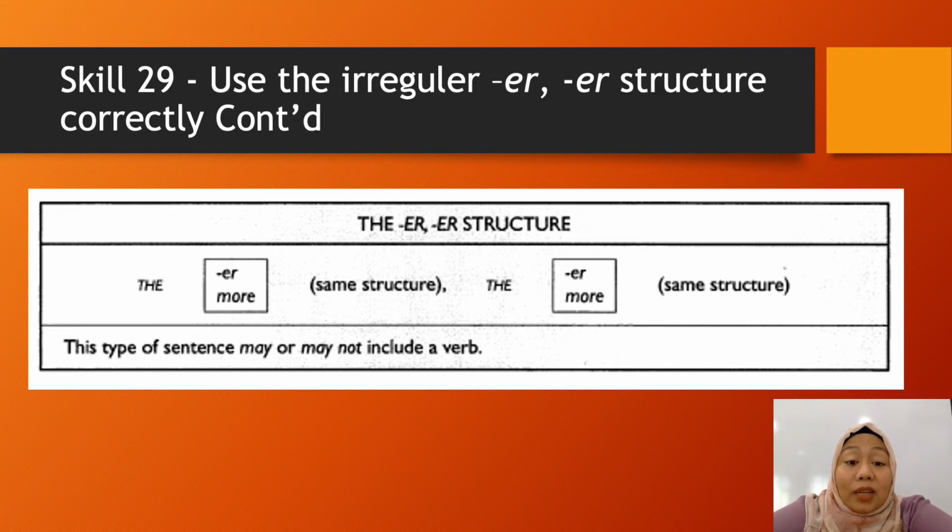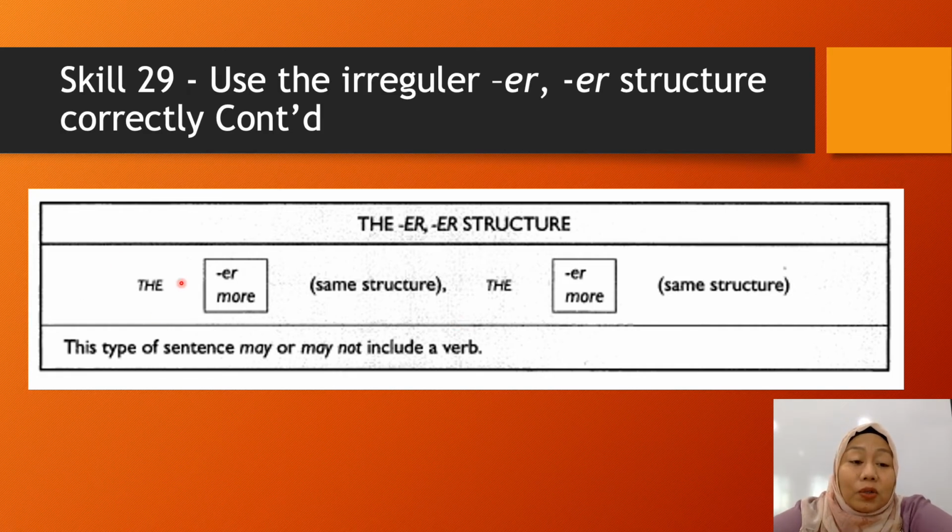You can have this kind of structure without any verb at all. Basically, now that you know the structure, it will be easier for you to tell which one is correct and which one is incorrect in a TOEFL test.